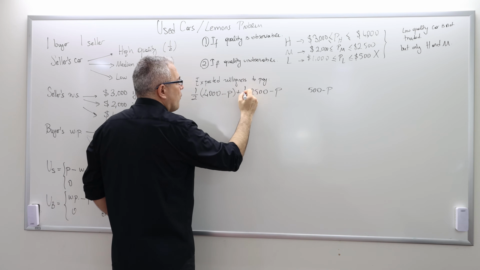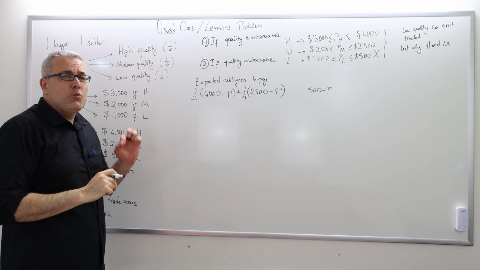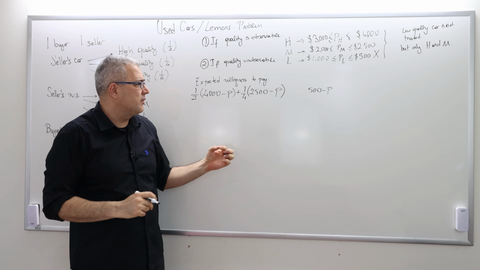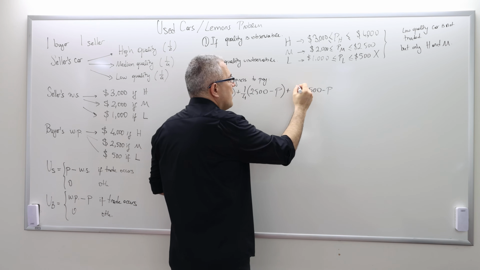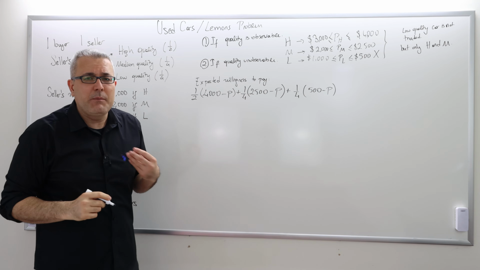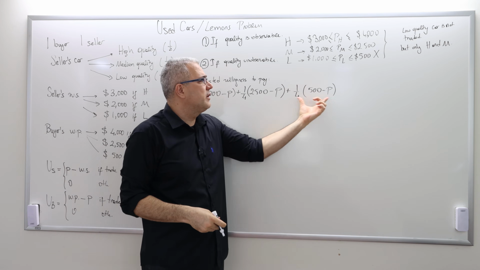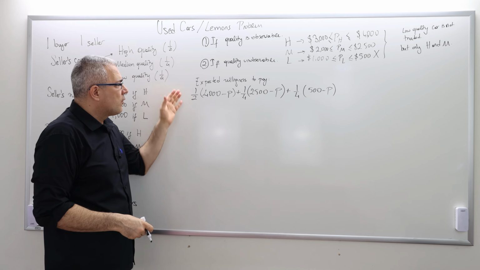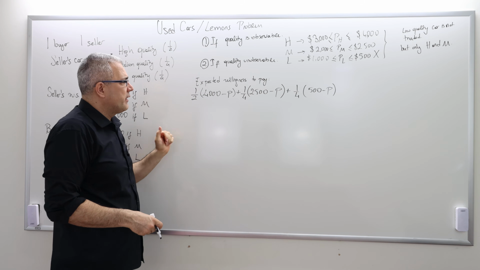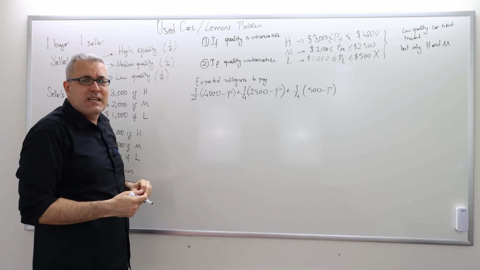So with 1/4 probability, the car is going to be medium quality, in which case this is going to be the buyer's net realized utility. And then finally, with 1/4 probability, the car is actually going to be a lemon, the lowest quality, and in that case, his realized utility will be this. So therefore, the buyer's expected utility is going to be this weighted sum.